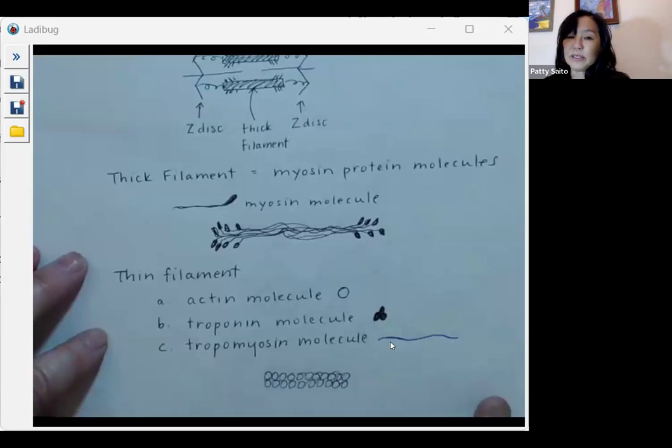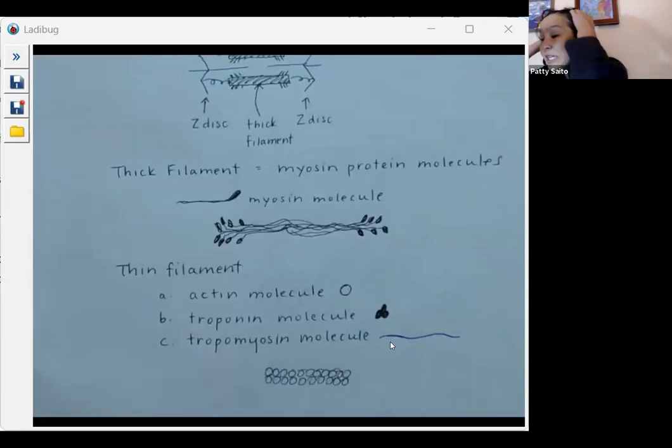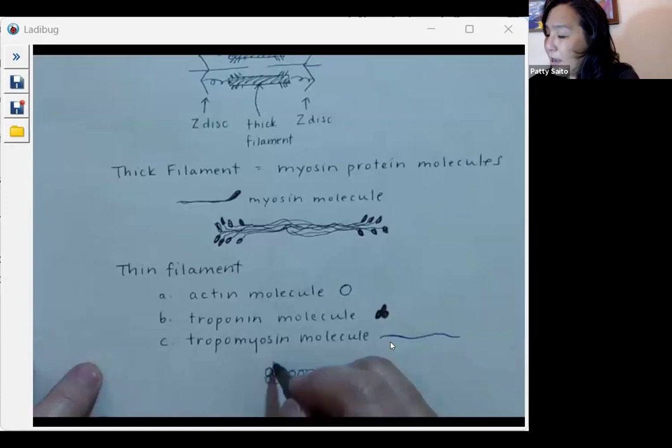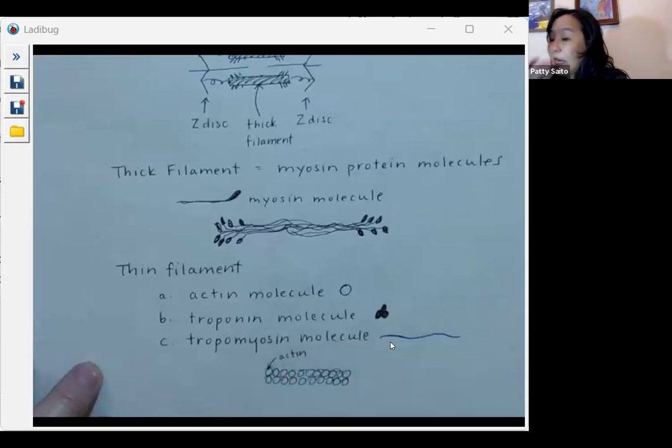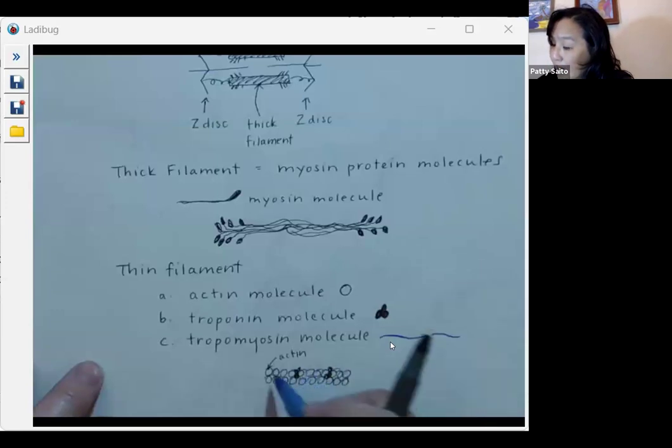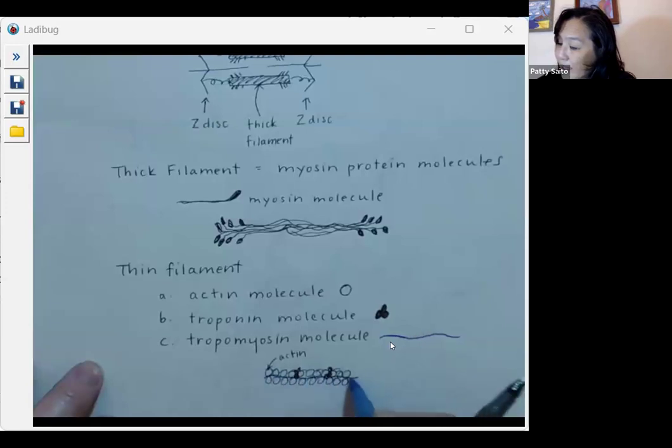I'll show you a better picture, but again, it's good to draw it. So these are the actin molecules. We have the troponin kind of interspersed inside here. And then we have the tropomyosin kind of amongst that, like this.